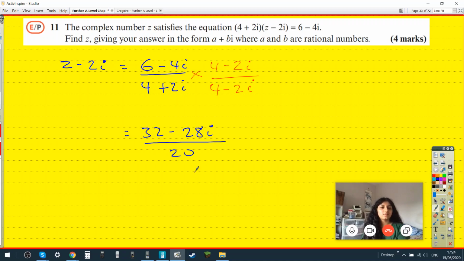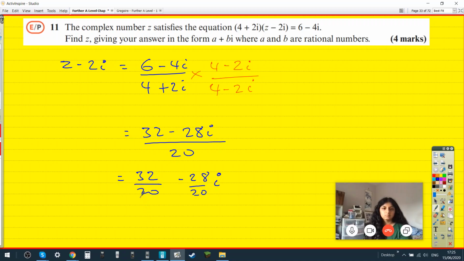So you have to do the same thing, like 32 over 20, over, their rational numbers. Oh, they are rational numbers. Okay. So you just do 32 over 20 minus 28 over 20i. Full marks?